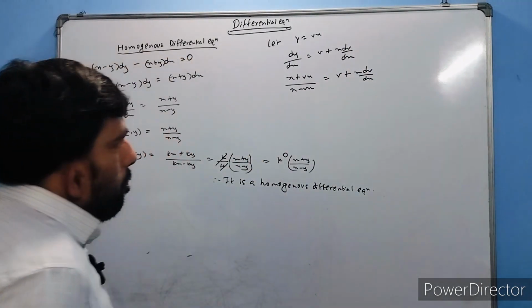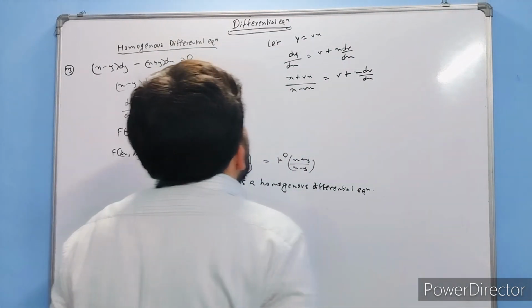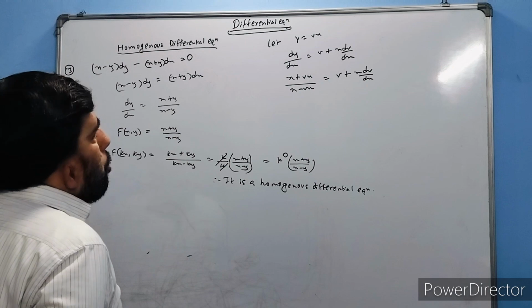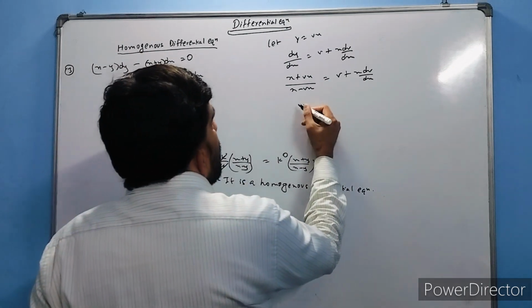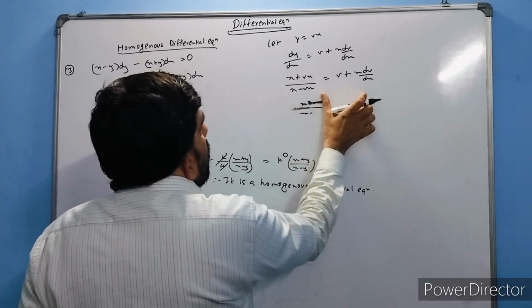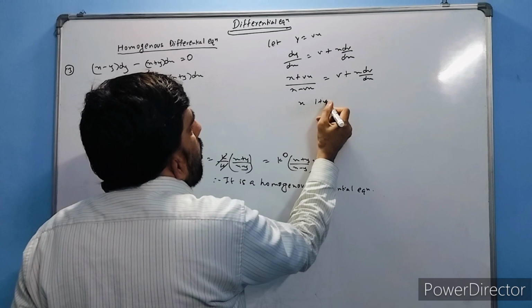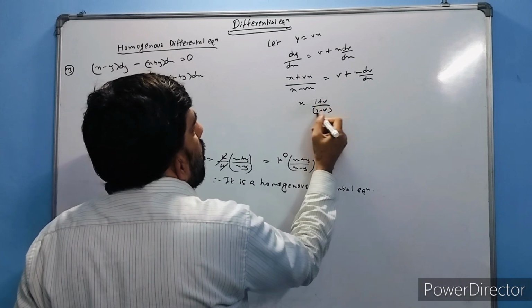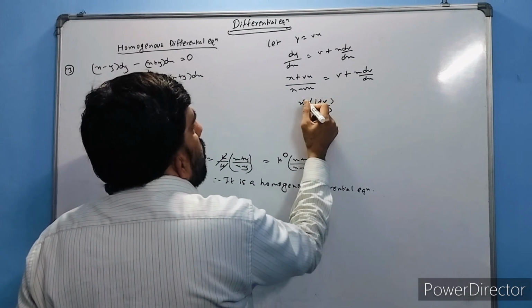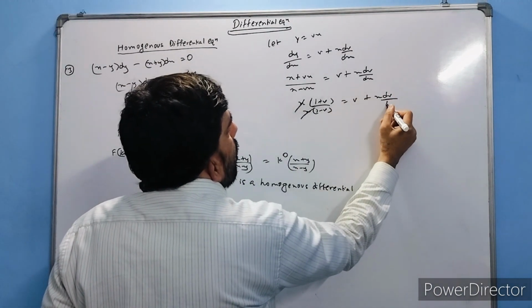We have v plus x dv by dx, and here we have taken dy upon dx; we'll put y is equal to vx. Now in a very simple way, take x common: 1 plus v upon 1 minus v. So we have this v plus x dv upon dx.